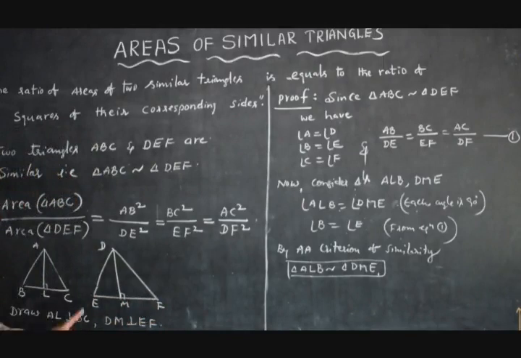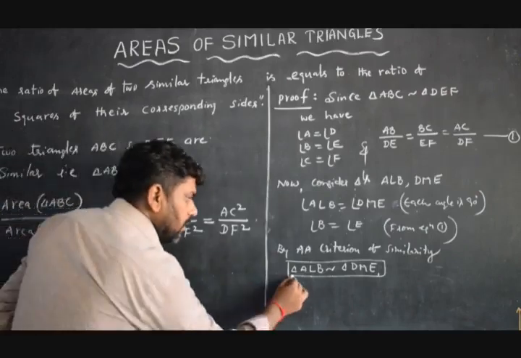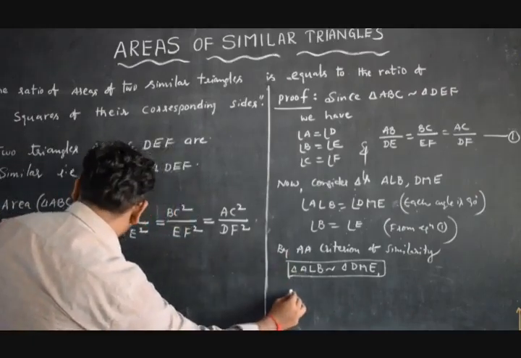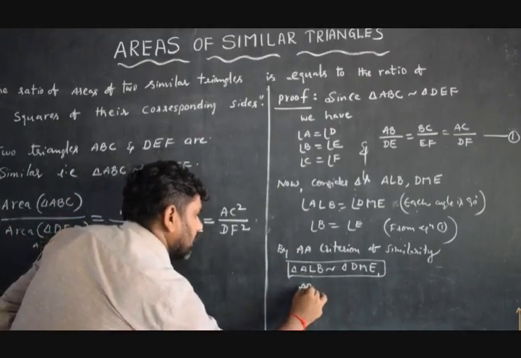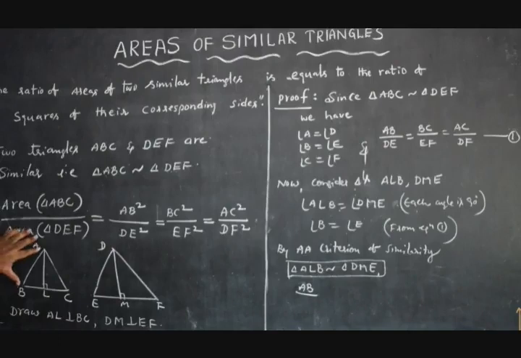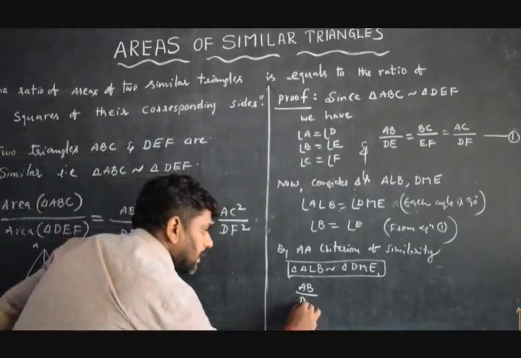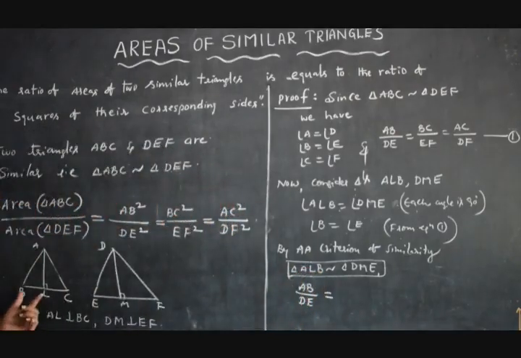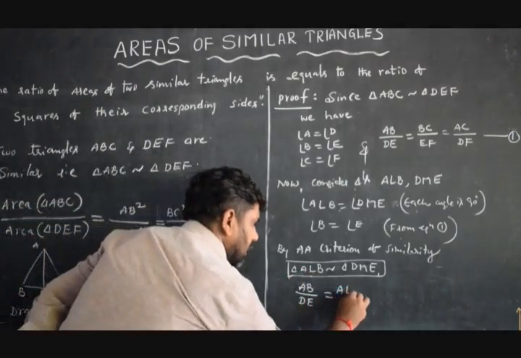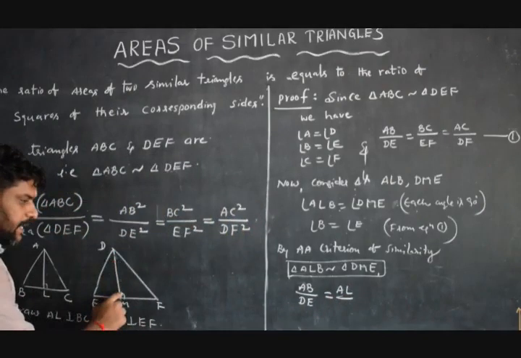If two triangles are similar, the corresponding sides are proportional. So the corresponding sides are AB divided by DE, which is equal to AL divided by DM.